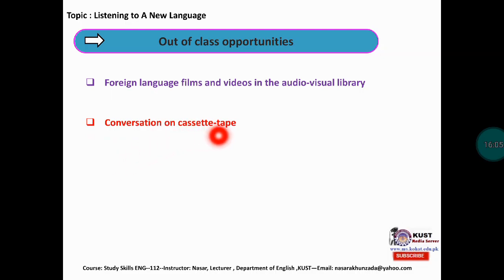Conversation on cassette tape. Some conversations designed for language practice will also be available in other forms such as audio cassette, video cassette, and compact disc, particularly at the early stages of language learning.